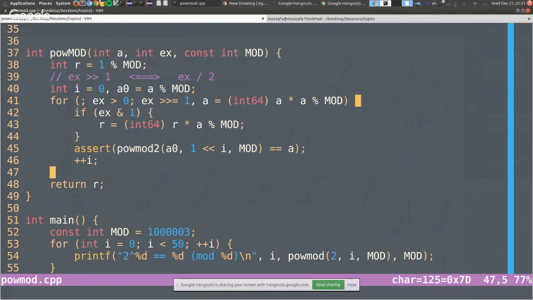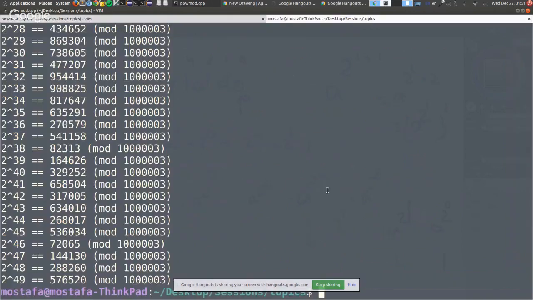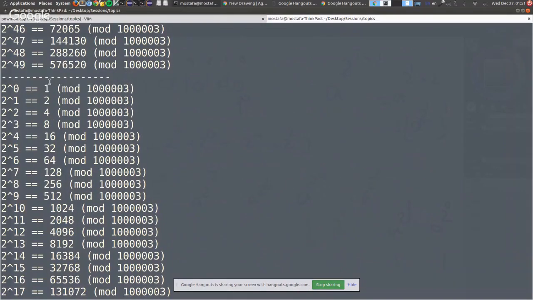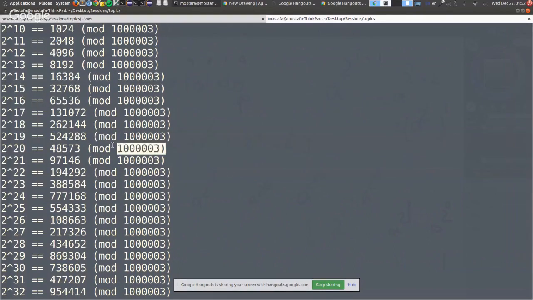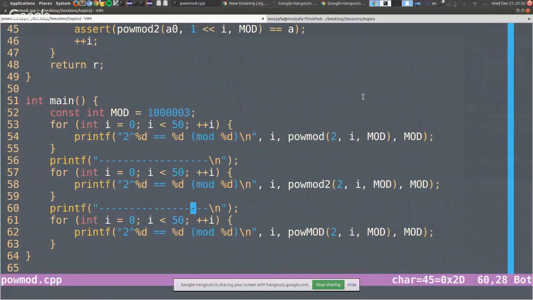So basically this is the code and it is running properly. As you can see, it also computes all the powers, and at around the million something it starts to give back small numbers. So this is the overall idea of binary exponentiation.